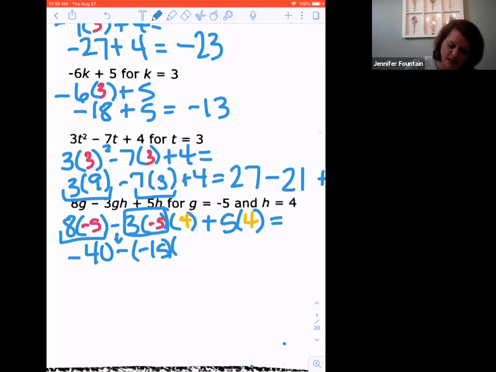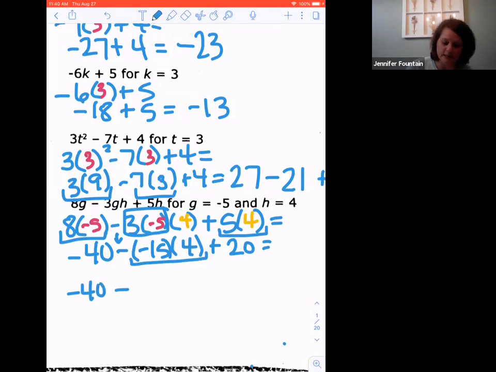And I still have times 4. Plus, now I can multiply these. 5 times 4 is 20. I still need to multiply these right here, so I have -40 minus -15 times 4. Negative times a positive is a negative, and 15 times 4 is 60. Plus 20.